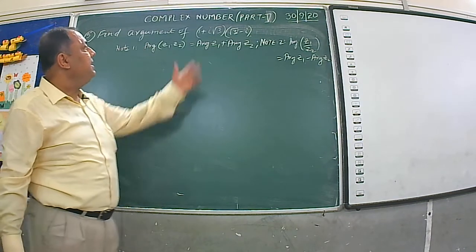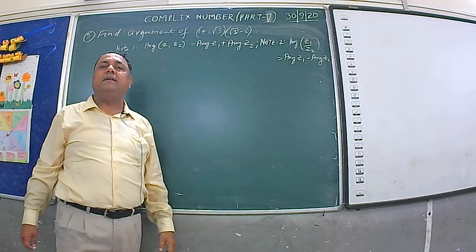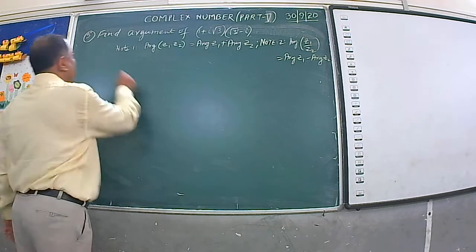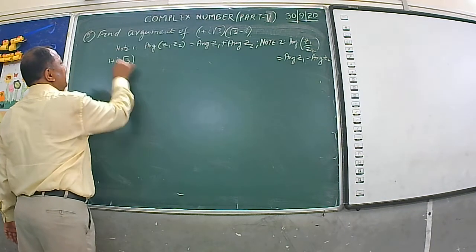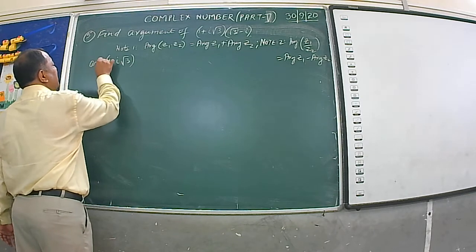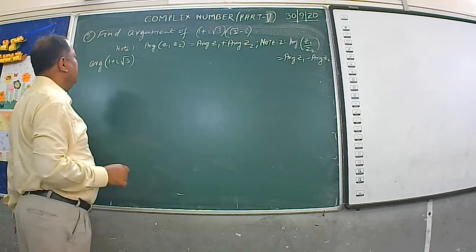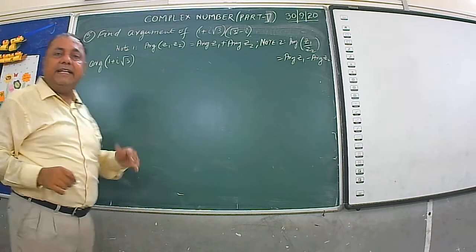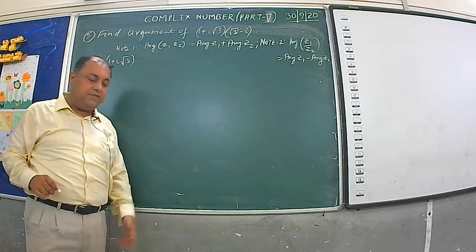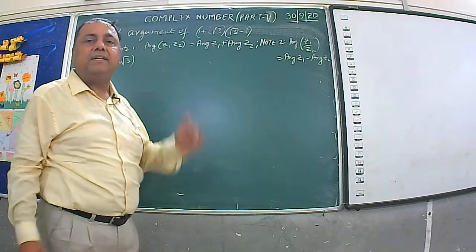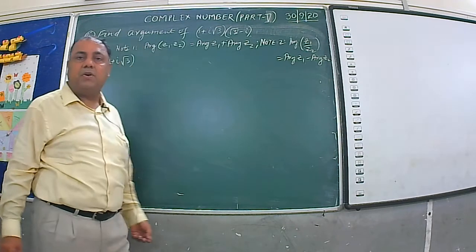First and foremost, individually, we would find their argument. Argument of 1 plus i root 3: 1 is positive, root 3 is positive, therefore the complex number is in the first quadrant.